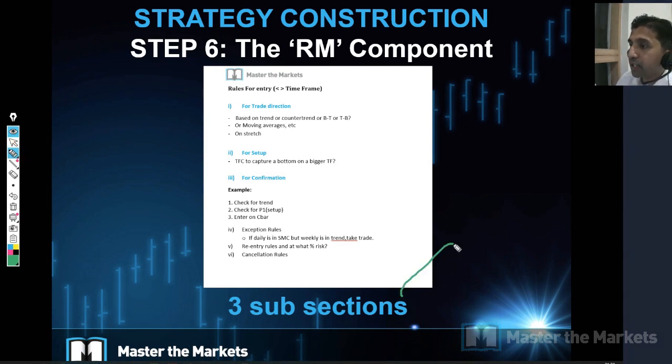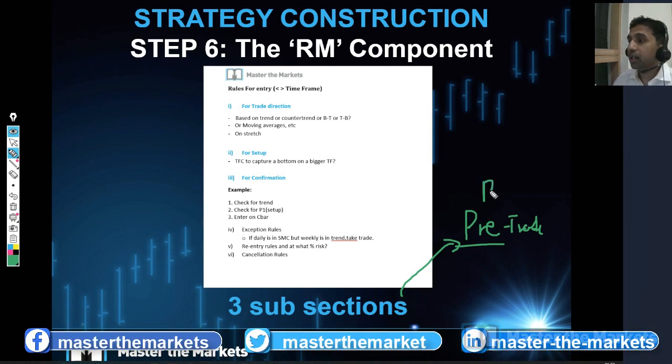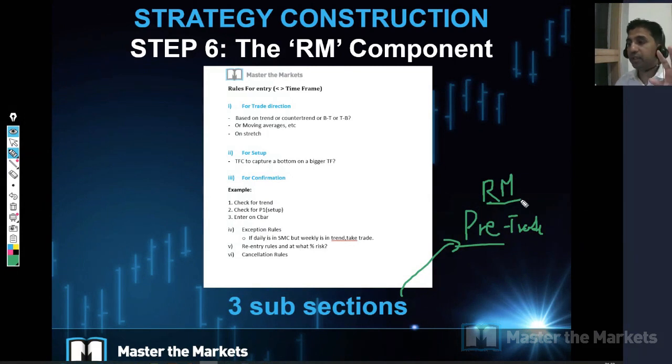The first thing, traders, in terms of your crib sheet, is you should have a subsection called the pre-trade. That means before you get into the trade, what should your risk be? You should predetermine all of that. I'm going to go into more detail, so just stay with me on that part. The next thing we need to take a look at is the intra-trade risk management. When you're in the trade, how do you want to manage your risk?